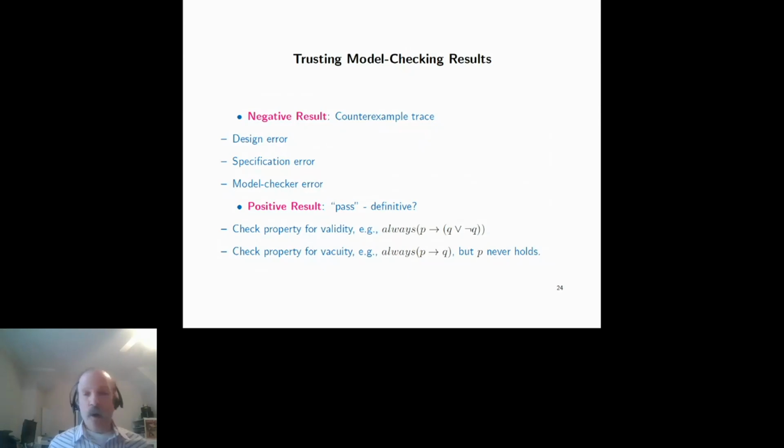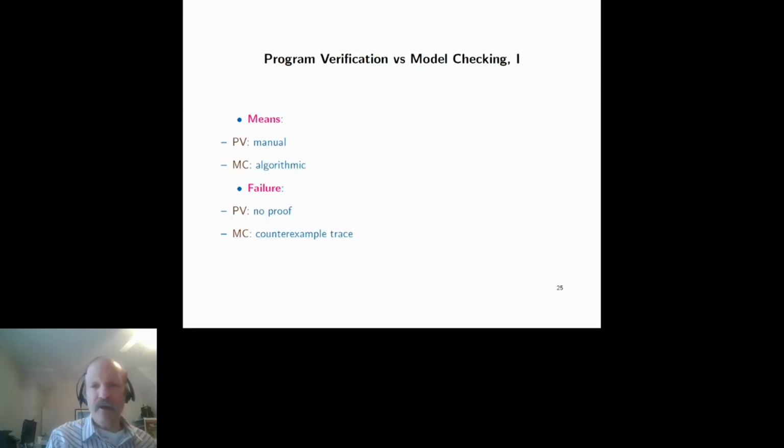You can check that always P implies Q, and the model checker says yes, but if P never happens, then probably there is a mistake in the property or the program. So the industry has developed various sanity checks. Why would you trust a positive result from a model checker? And it goes back to the same issue that at the end of the day, verification is about building confidence and trust. So let's quickly compare program verification versus model checking.